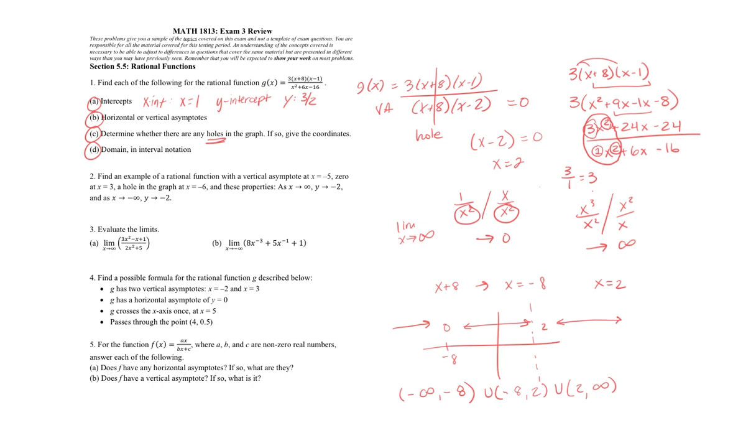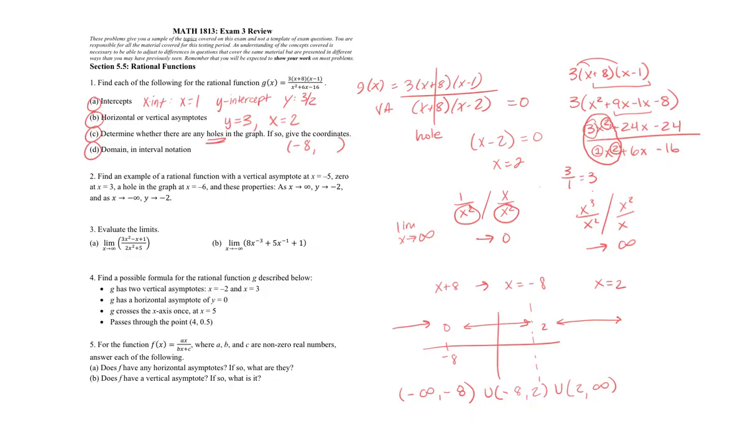So we have x-intercepts, y-intercept. For our horizontal asymptote, we have that it was y equals 2. And for our vertical asymptote, we have x equals 2. And then we have a hole at negative 8. With that being said, for negative 8, we need to plug in negative 8 here to see what that coordinate is.